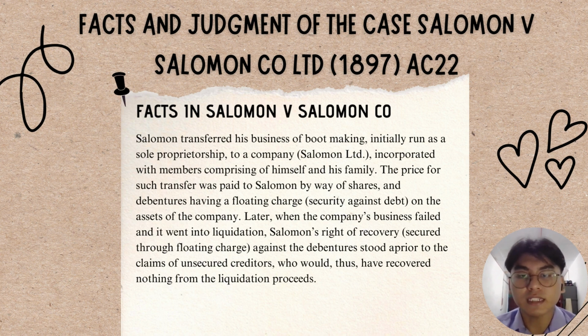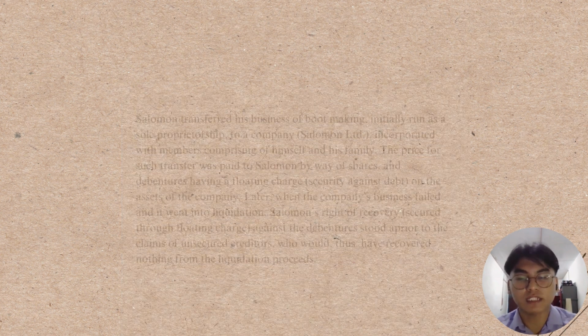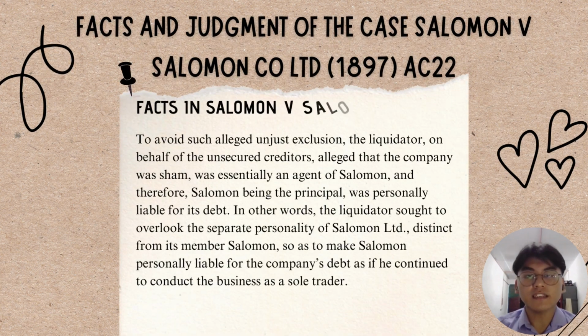Later, when the company's business failed and it went into liquidation, Salomon's right of recovery, secured through the floating charge against the debenture, stood prior to the claims of unsecured creditors, who would thus have recovered nothing from the liquidation.